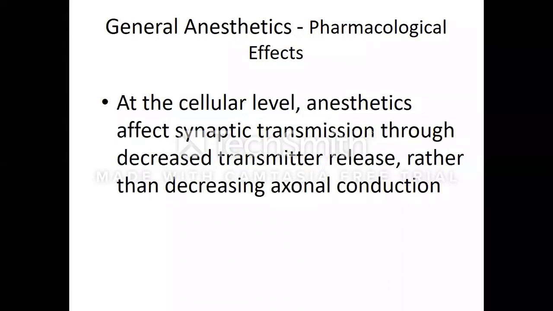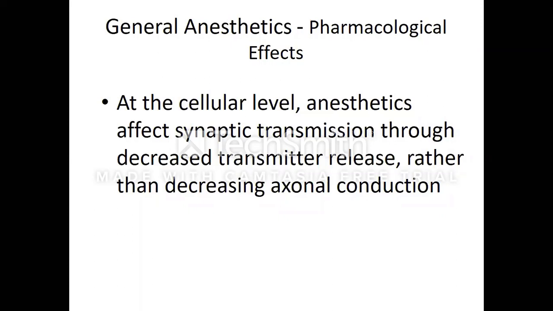General anesthetics at a cellular level affect synaptic transmission by causing a decrease in the level of neurotransmitter rather than decreasing the rate of conduction of impulses through the axon. And this is something all of you have to remember, because this is the point which differentiates local anesthetics from general anesthetics.